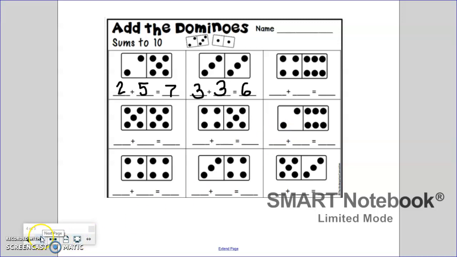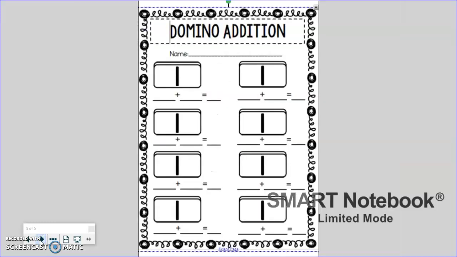If you get done these worksheets and you're looking to do a little bit extra or you want to challenge your brain, you can look at a different worksheet I have. This is also called domino addition, but you'll notice there are no dots on this domino. It's blank so that you can draw on your own dots. So you can draw some dots on this side.